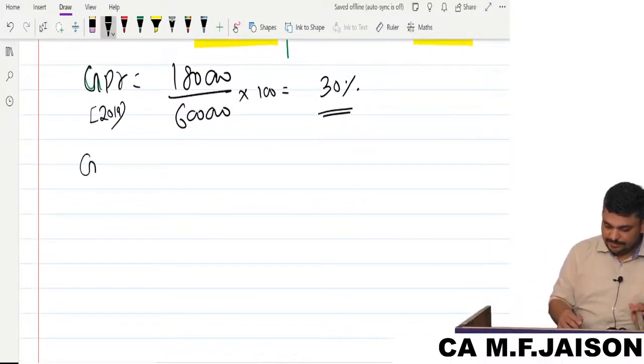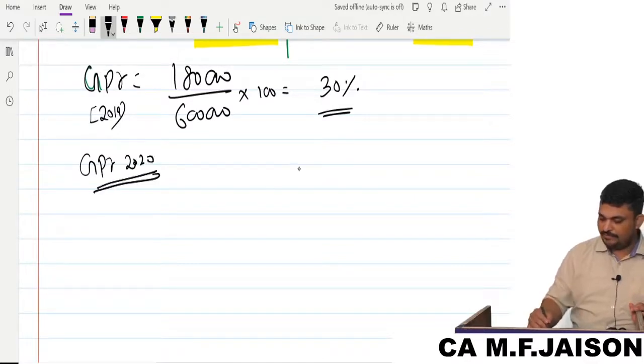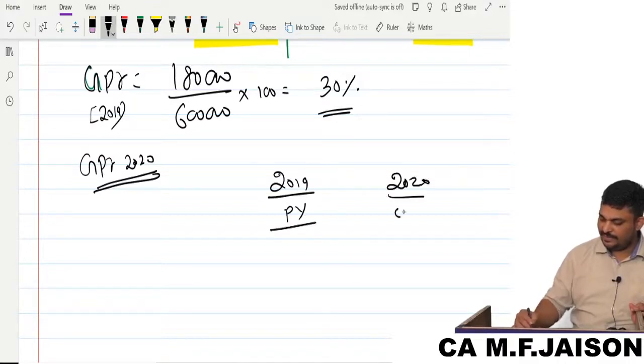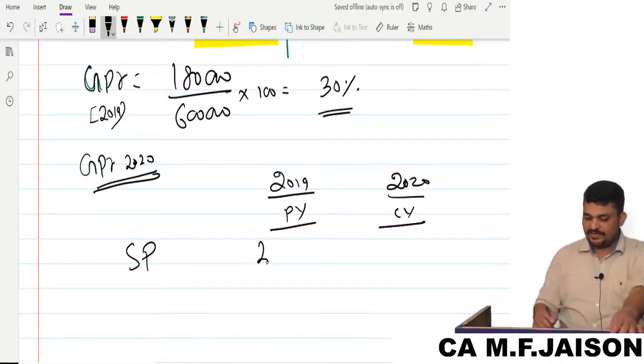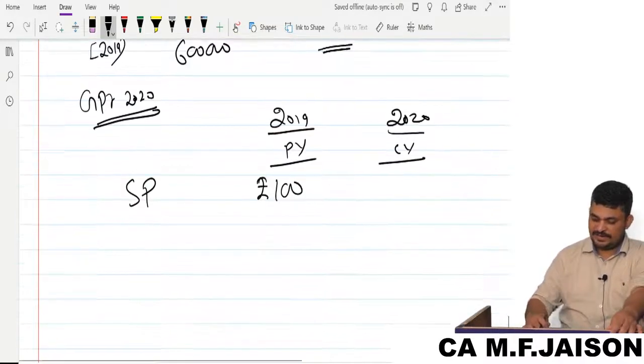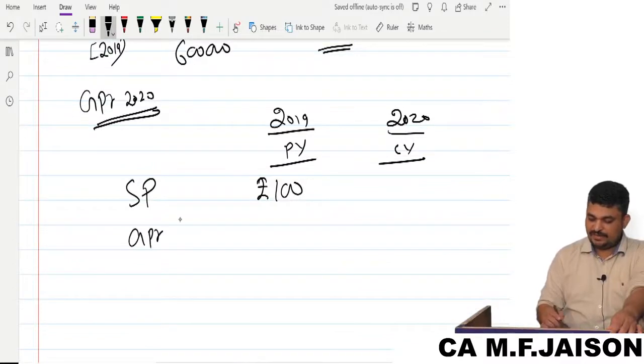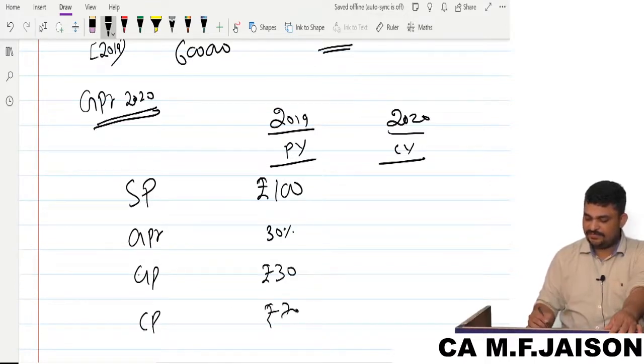Let's compute the GPR of 2020, where you will have year 2019 and year 2020, previous year and current year. Very simple, na? Selling price equal to rupees 100, GPR 30%, GP 30, cost price 70, which all of you would have done.